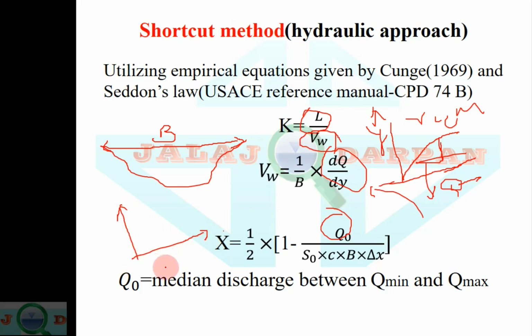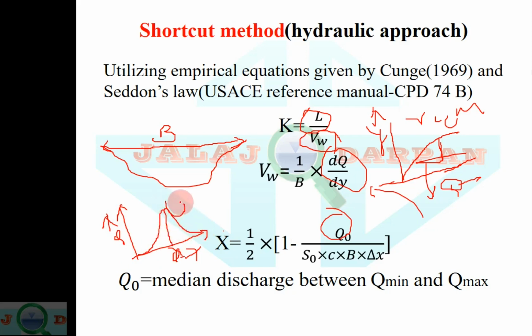Suppose this is the inflow flood hydrograph, with time on the x-axis and discharge on the y-axis. Here comes the flood hydrograph, something like this.